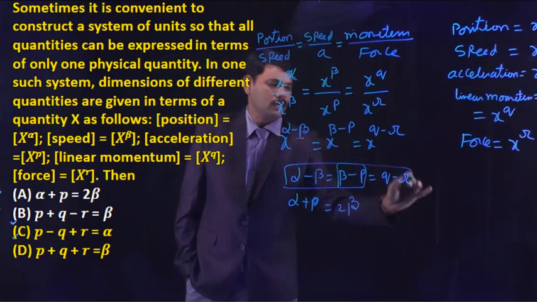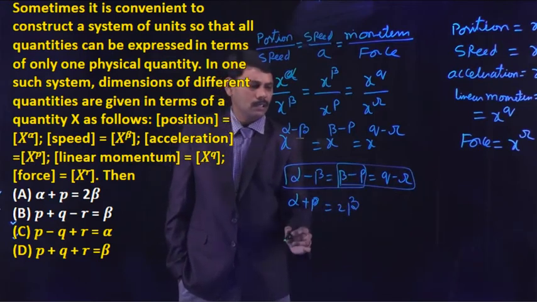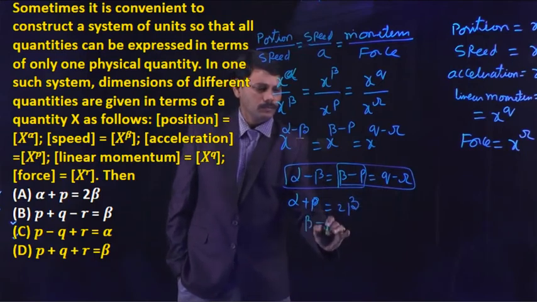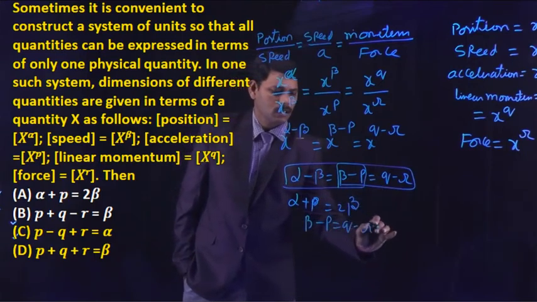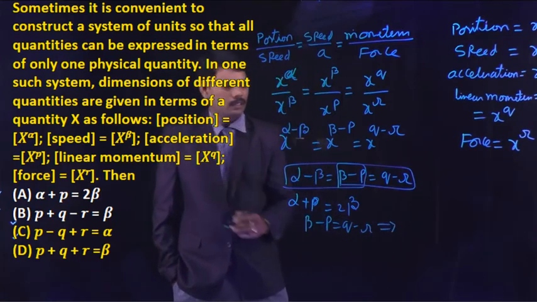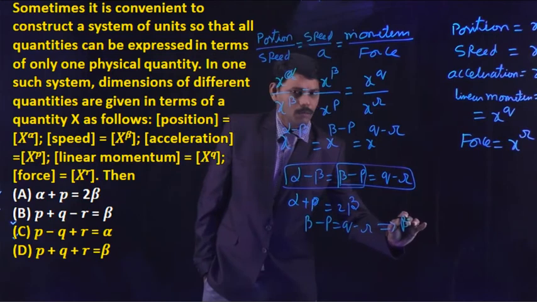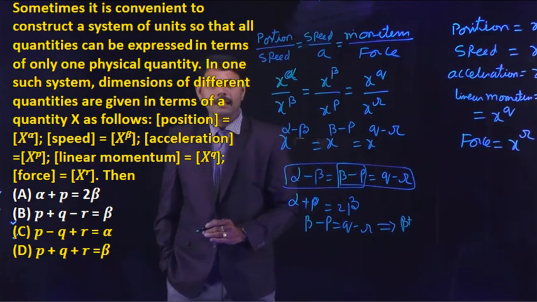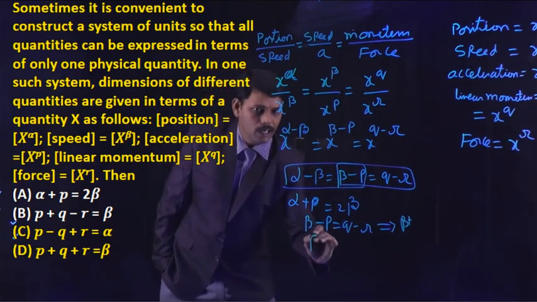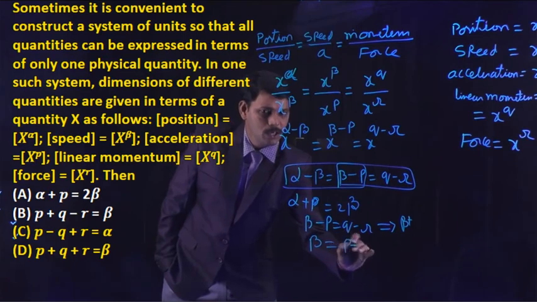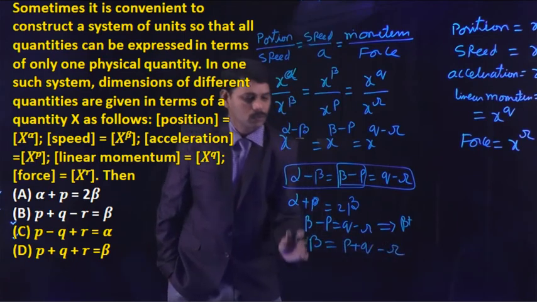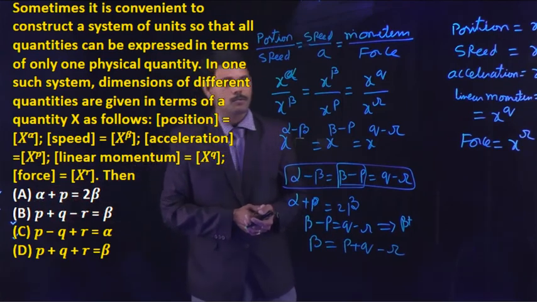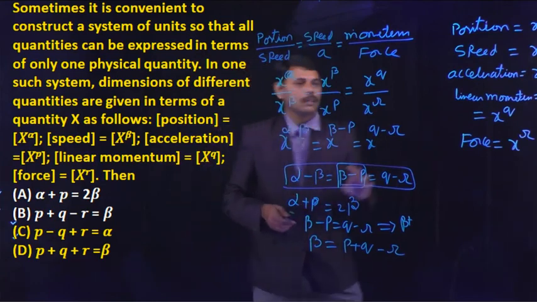Equating the second and third terms, beta minus p is equal to q minus r, so beta is equal to p plus q minus r. So the second option is also correct. First and second options are correct. This is a very easy question from units and dimensions.